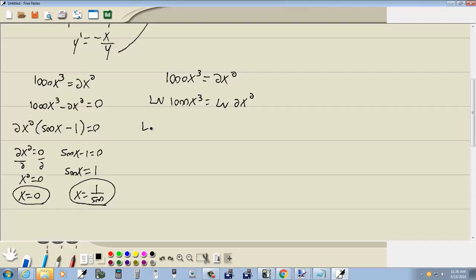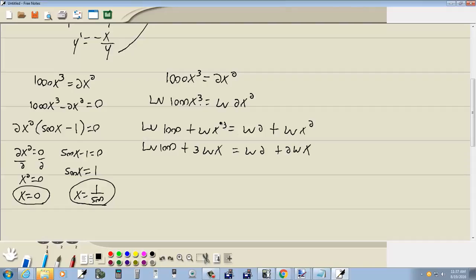I actually do know college algebra. This is log of two things multiplied together. So that becomes log of 1,000 plus log of x to the third. And this same thing, this becomes log of 2 plus log of x squared. And now I can take the power out of the exponent. So that becomes 3 natural log of x equals natural log of 2 plus 2 natural log of x. The problem is when you take the exponent and put it out in front, sometimes you lose answers.